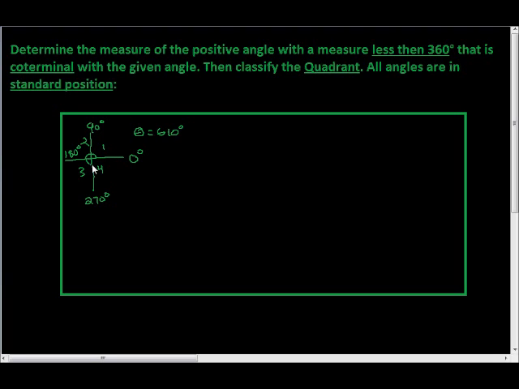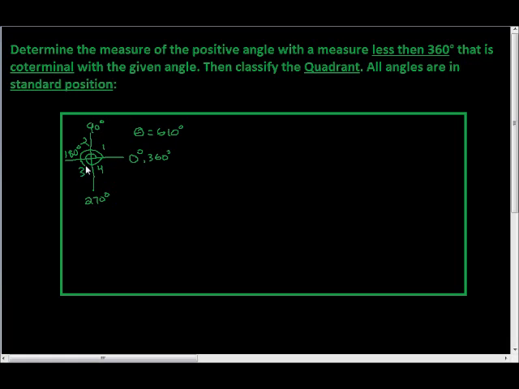Starting at standard position, we go around and we hit 360 degrees. So after being 0, if you go all the way around, this is 360 degrees. And then you keep going until you hit 610 degrees, which is about here. So we've made one full rotation, and then a half, and then a little bit more.